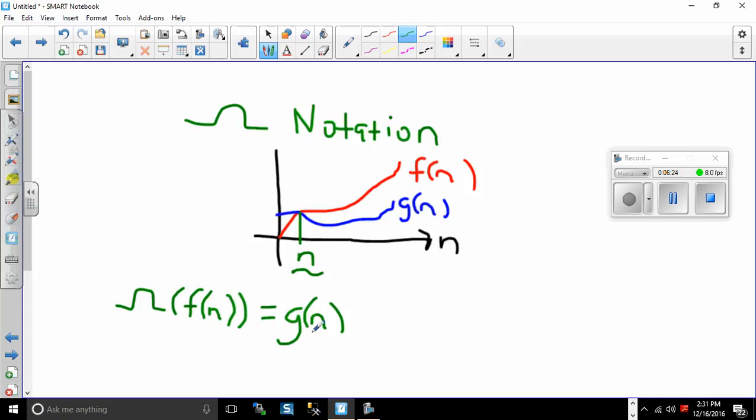Another way of stating this is that g of n is a lower bound for f of n.